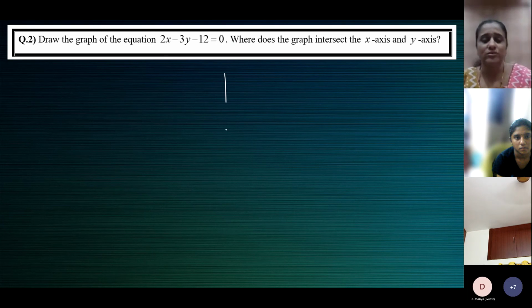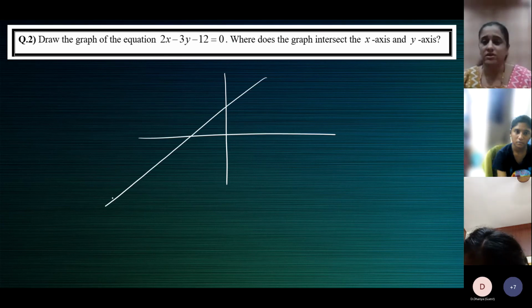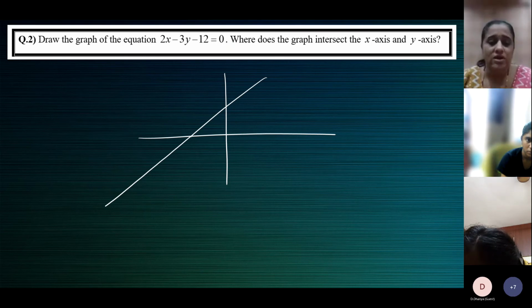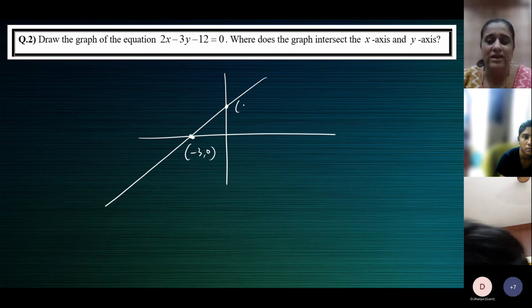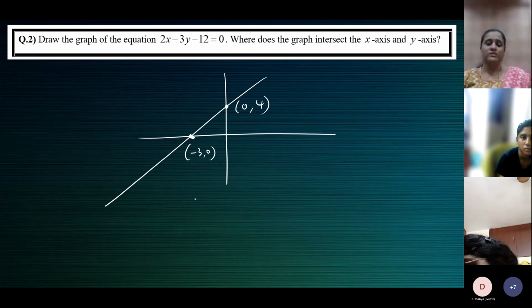So like this, you make the graph, and supposing you get the line like this. So it cuts the x-axis here. So this point may be like minus 3, 0. And it cuts the y-axis here. So this will be like something 0, 2, 3, whatever, like 4, whatever.